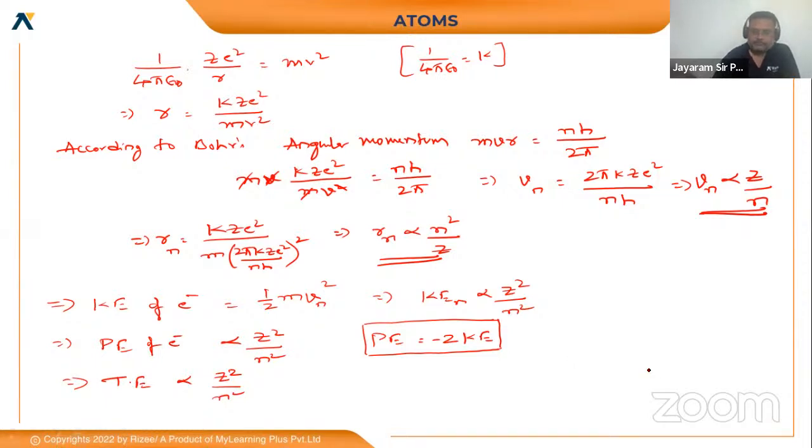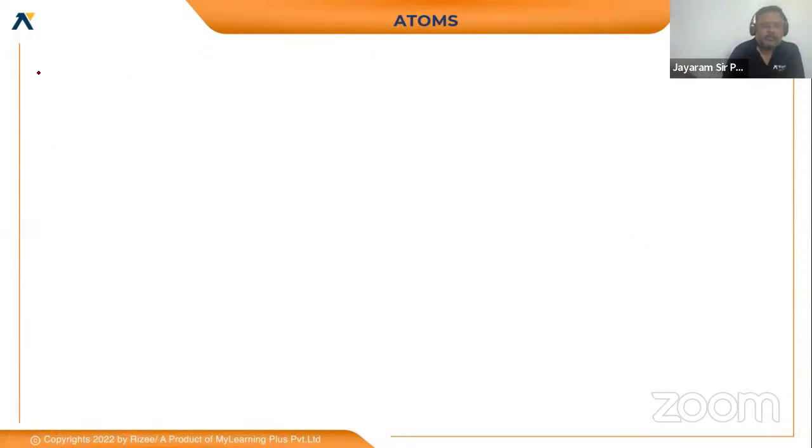So this is the relation of the kinetic energies and the total energies. Next, if I go for the angular momentum, as we know, angular momentum is equal to mvr, which is equal to nh by 2 pi. So angular momentum L is proportional to n.